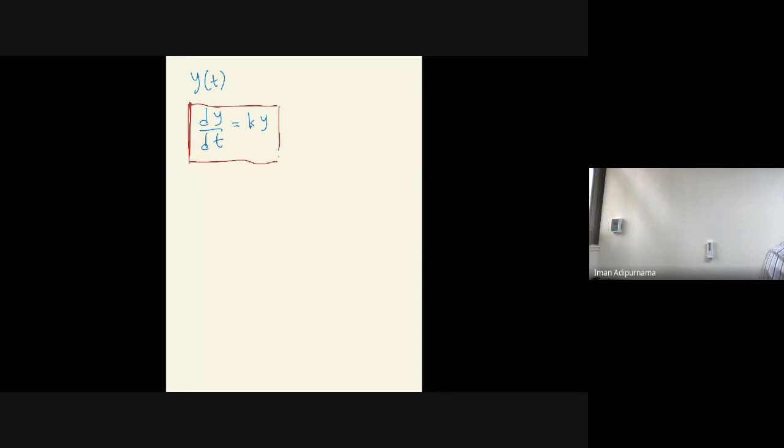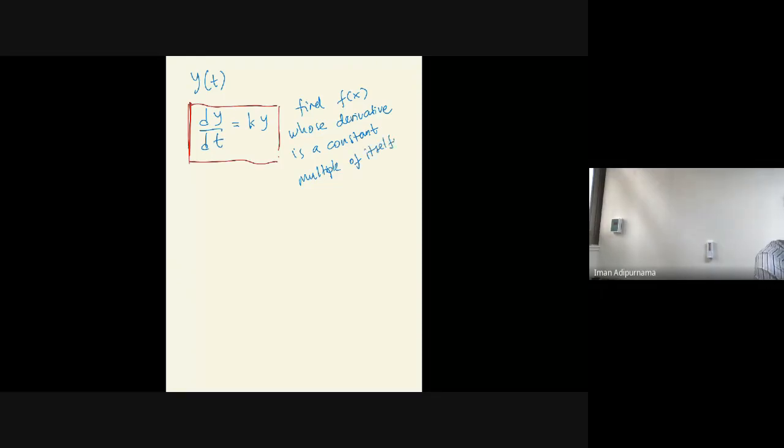This function is actually asking: find a function whose derivative is a constant multiple of itself.